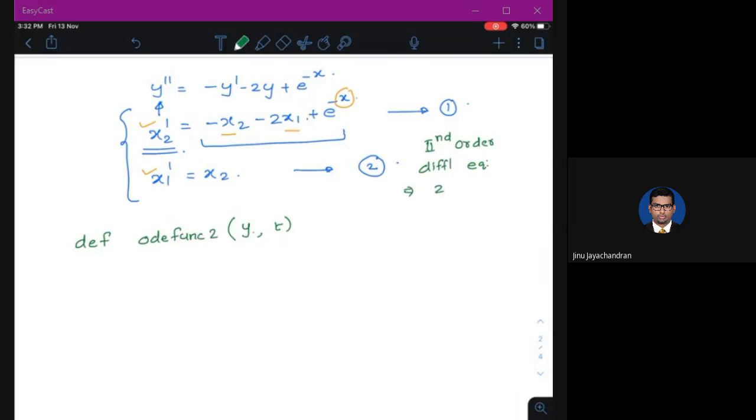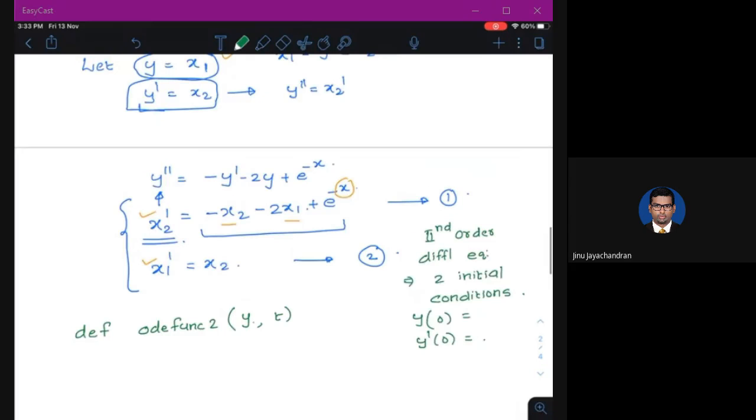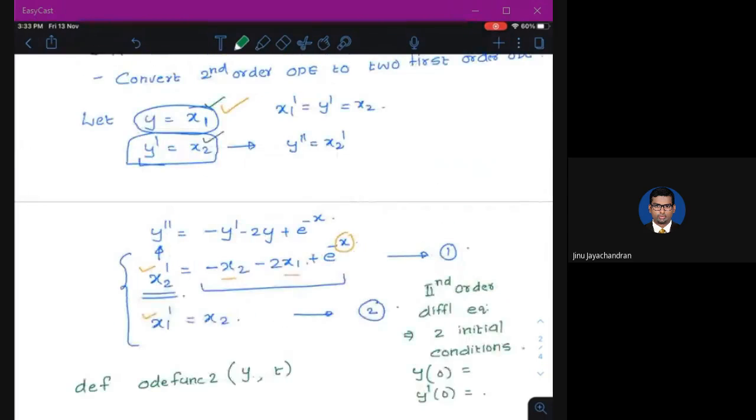Implies there will be two initial conditions, because there will be a condition for y at t equal to 0, that is y of 0, and there will be a condition for y dash at t equal to 0. Implies you will have a condition for x1 and there is a condition for x2. So please don't forget that.